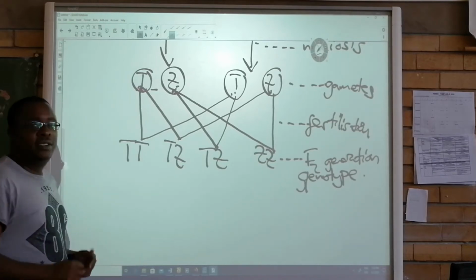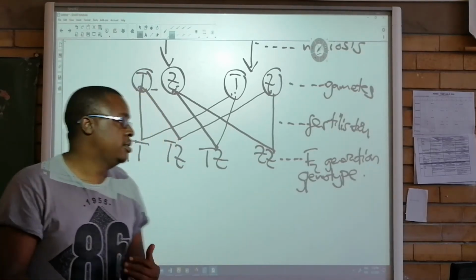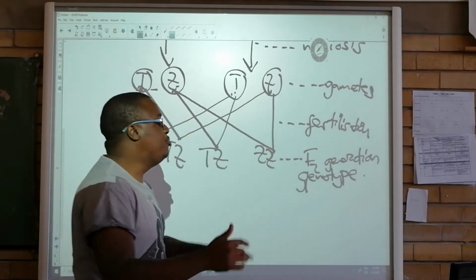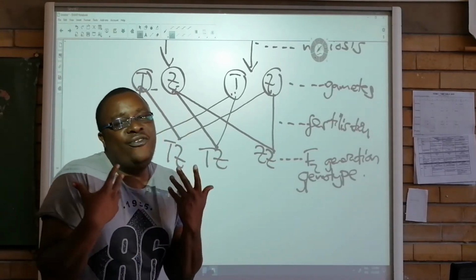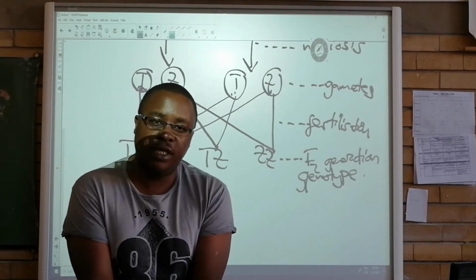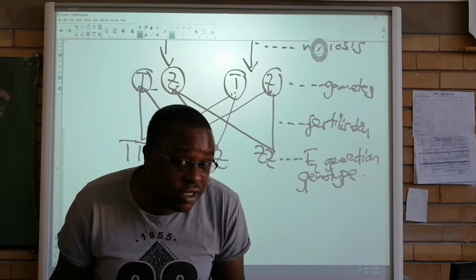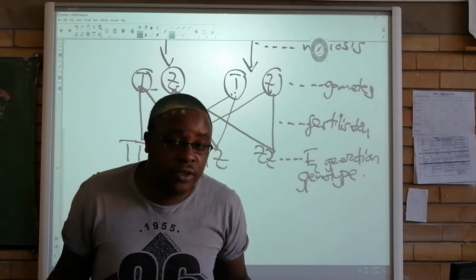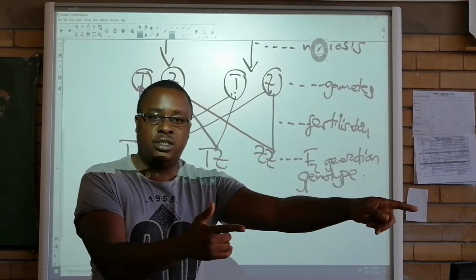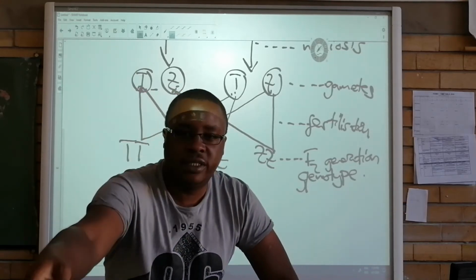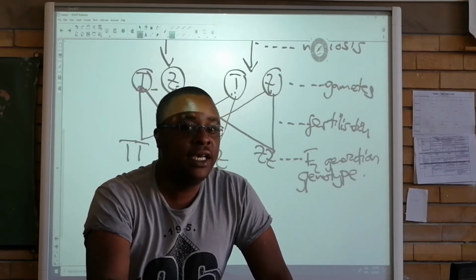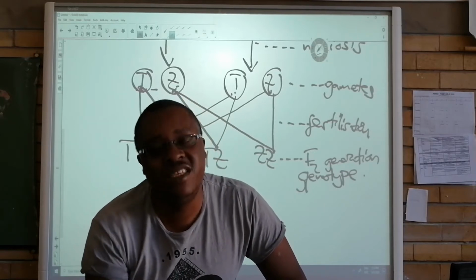Now, this is where we're getting into more detail. Before you go to the F2 generation phenotype, it is advisable. Listen, you get a question, the question is not clear, and it says just do the cross. You don't know where the marks are. So put everything that they want and let them choose what they want to credit, rather than for you to assume that the examiners want only this.